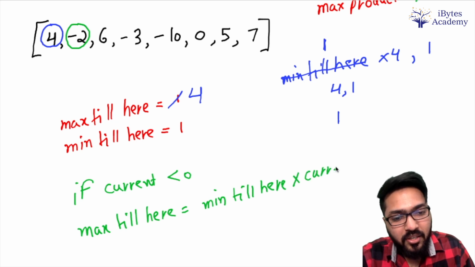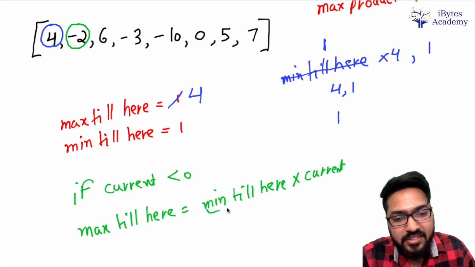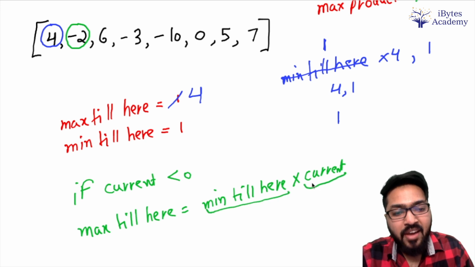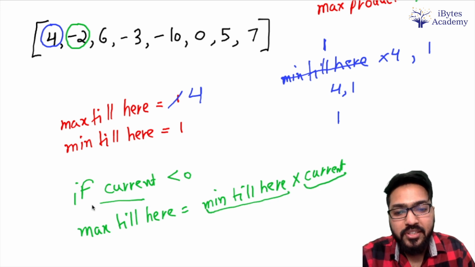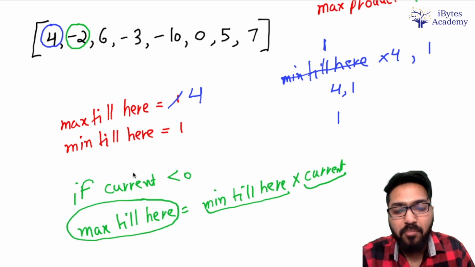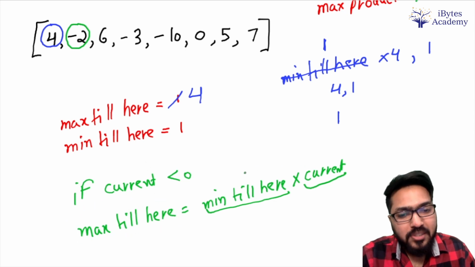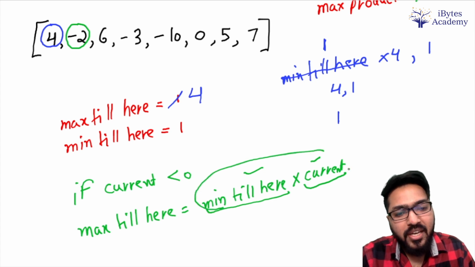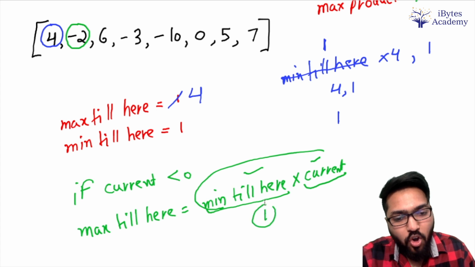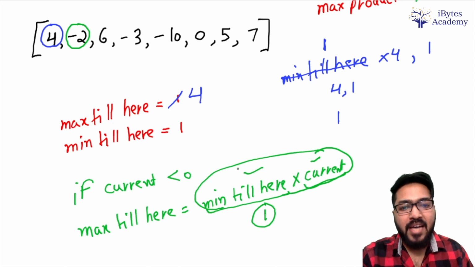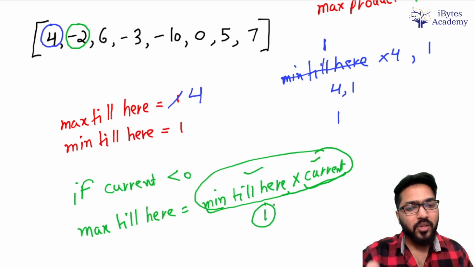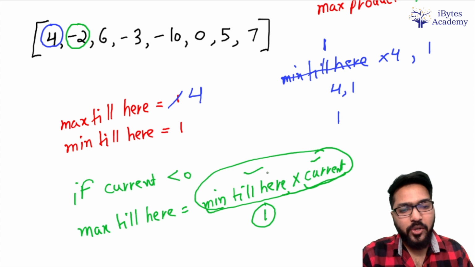Because if this is negative and this is also negative, this could result in a high positive value, which we should update to max till here. Or if this is positive and this is negative, then obviously it is going to be a negative number, so we can just keep it at 1. So we take the maximum of 1 and this value, because we don't want my max till here to go under 1. So either it is going to stay 1 or it is going to be min till here times current, which could be a positive value.